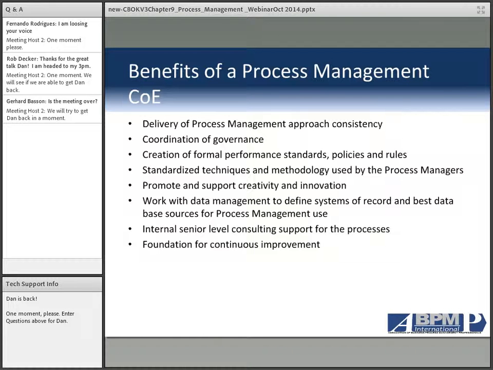Now, the caveat is it's not going to start out as strong as it's going to evolve to. You need a little bit of patience, and everybody needs to recognize that on day one, it's not going to be where it needs to be. That's where the evolution through the maturity model comes in, and that deals with the capabilities.